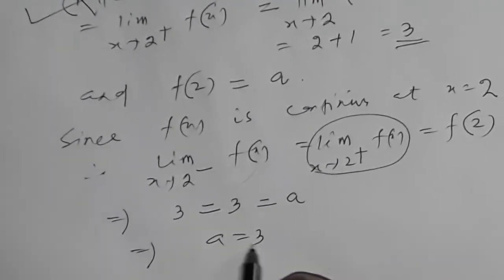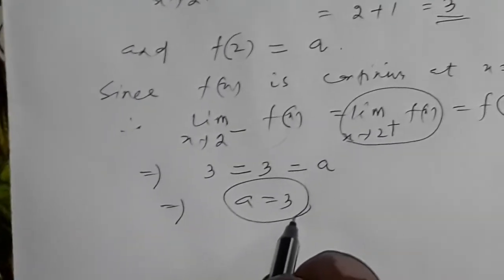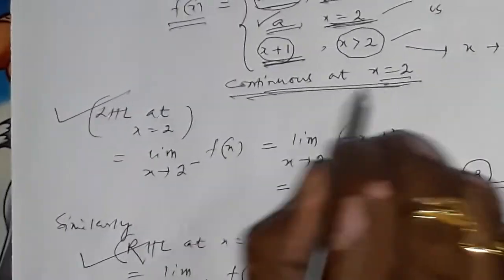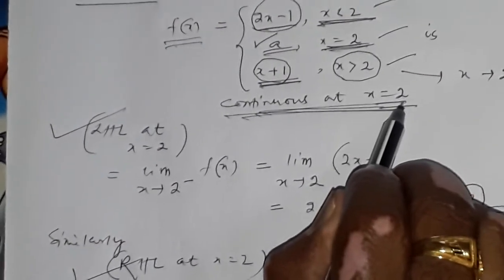This implies a equals 3. Thus f(x) is continuous at x equals 2 if a equals 3.